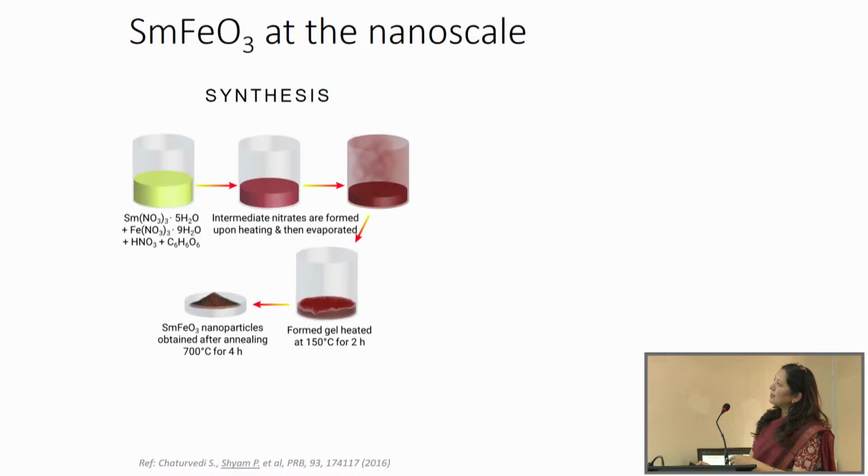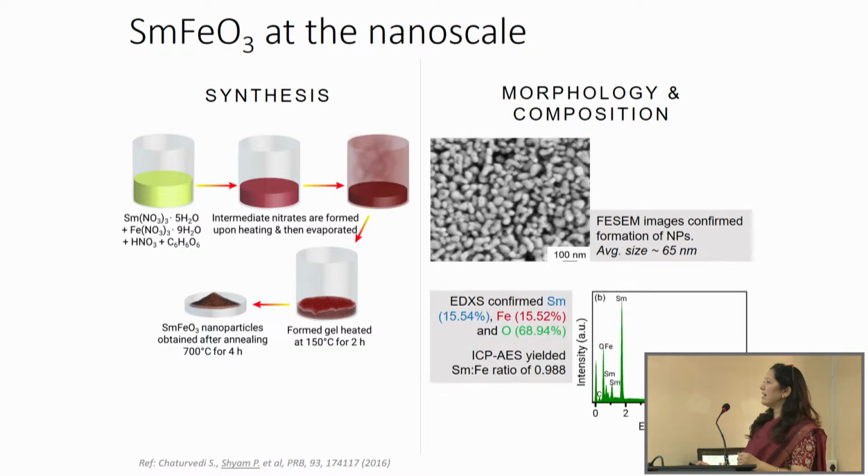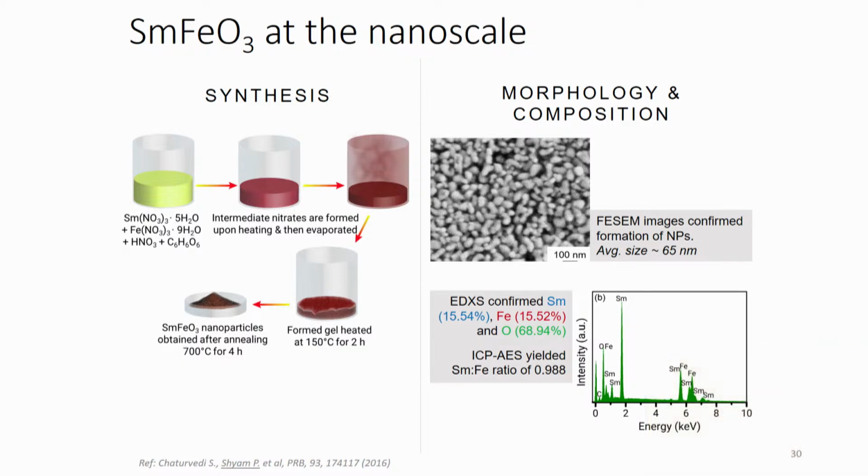We synthesized it at nanoscale using the sol-gel method, and we prepared nanoparticles under 100 nanometer size. It was confirmed to be about 65 nanometer average size, and we confirmed the elemental presence: samarium, iron and oxygen were in the right proportion.